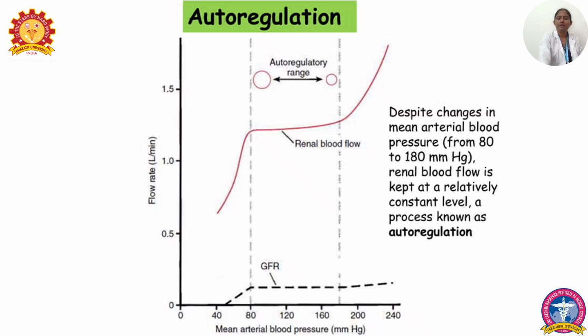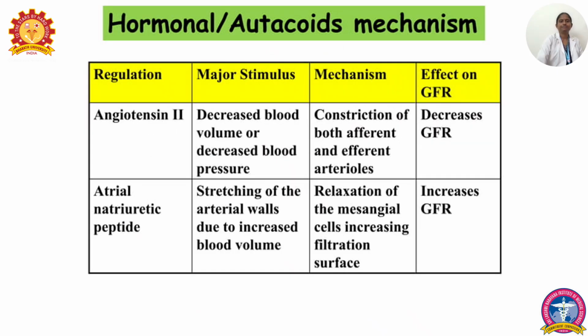Then whenever the blood pressure crosses 180, the GFR also increases along with the increase in blood pressure. So mostly the GFR is maintained at a constant rate between 80 to 180 millimeters of mean arterial pressure by this process of autoregulation.